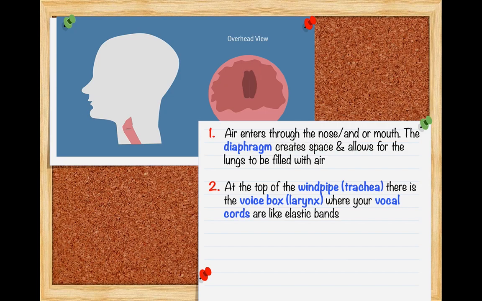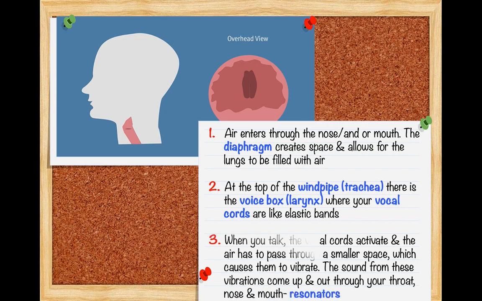Now, all sound is vibration. So the vocal cords are now moving very quickly, and the sound from these vibrations will come up and out through your throat, your nose, and your mouth. These are the resonators, the spaces in your face.